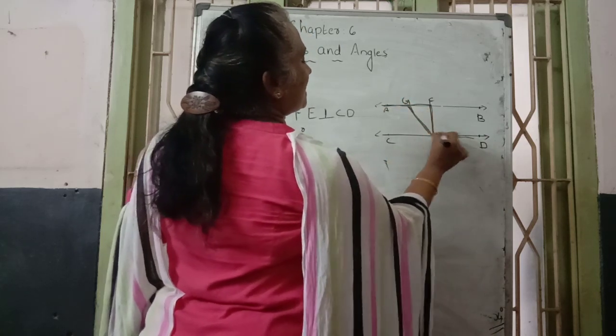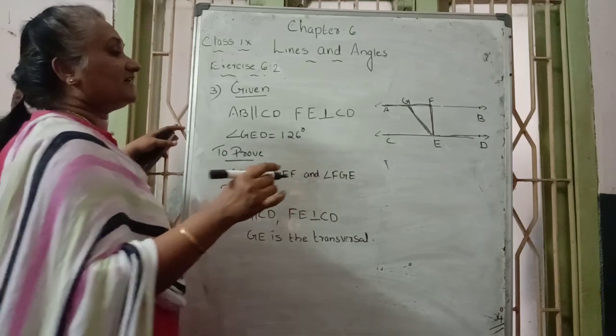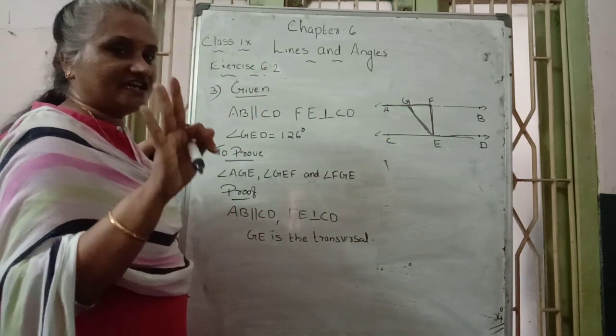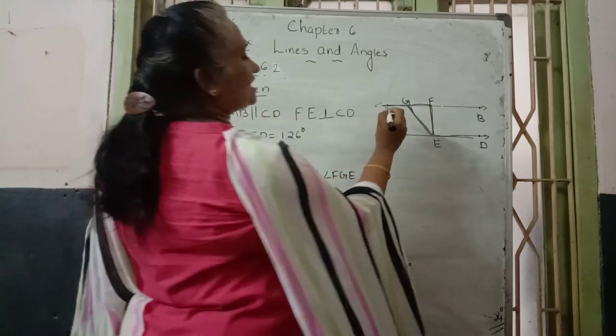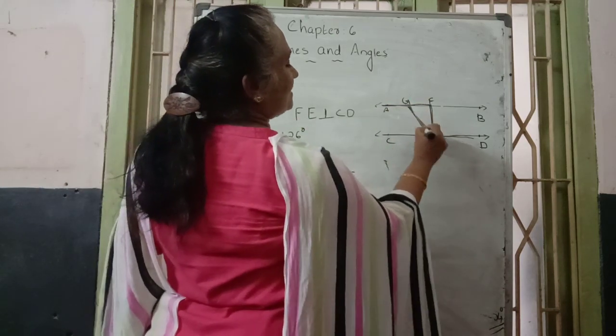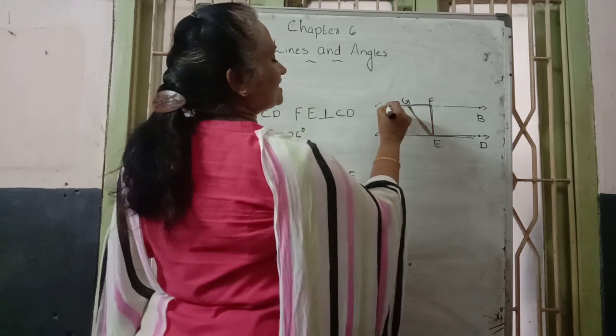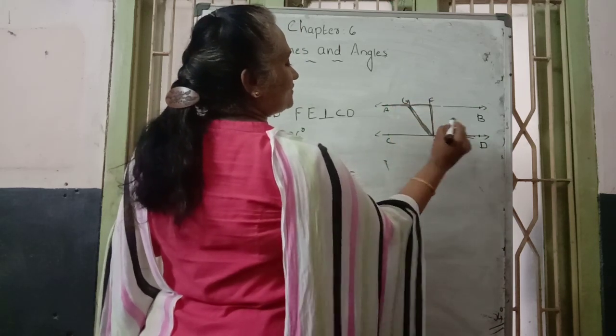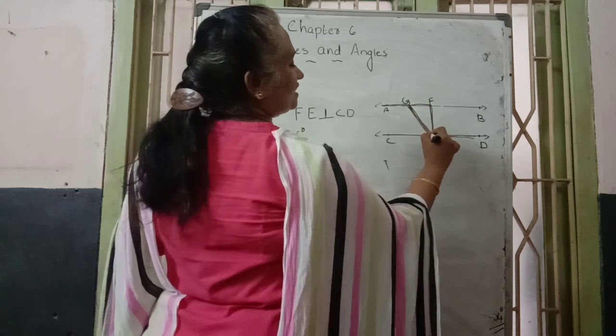So Z shape angle wise, how to read? When reading angles we need three alphabets, remember that. This Z shape angle, how can we read the alternate? AGE is equal to, again three alphabets, GED.